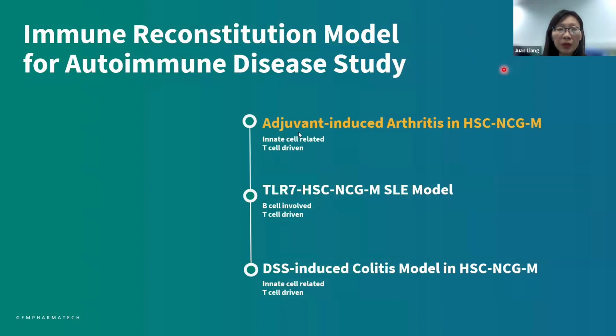We will introduce three autoimmune disease models that have been generated in the HSC-NCGM mice. One is arthritis, which is induced by CFA. The other one is the SLE model that was induced by TLR7. The last one is the IBD model, which is induced by DSS.